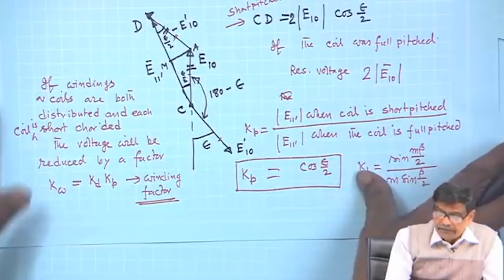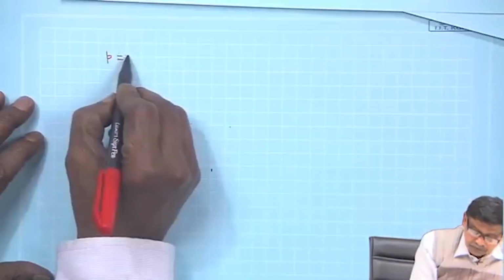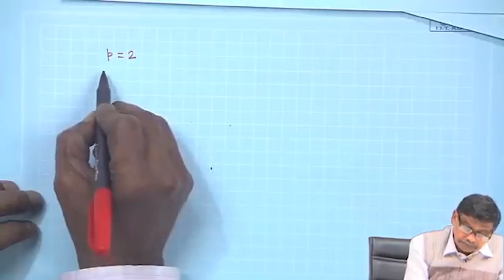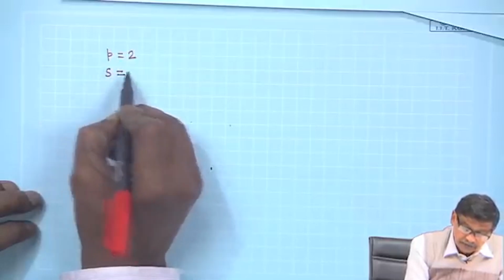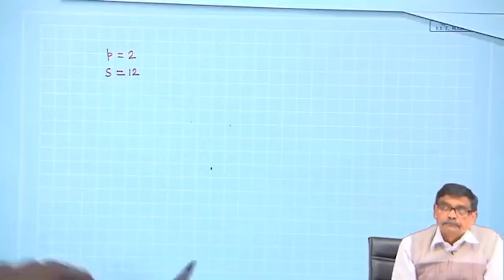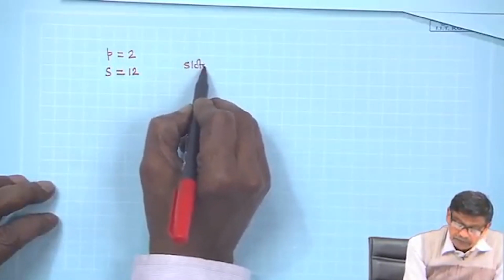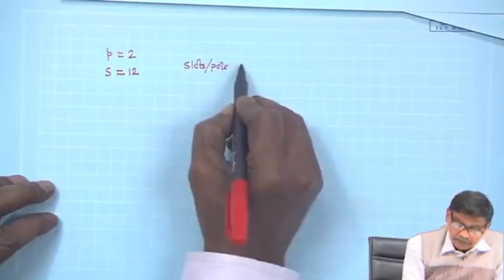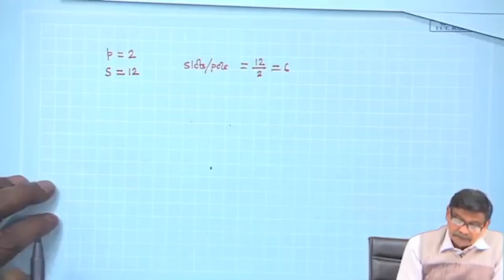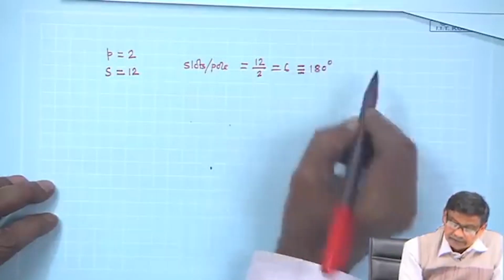For example, if you have a two pole machine, P equal to 2, and the number of slots is say 12, then slots per pole is 12 by 2, equal to 6, and this is equivalent to 180 degrees electrical.